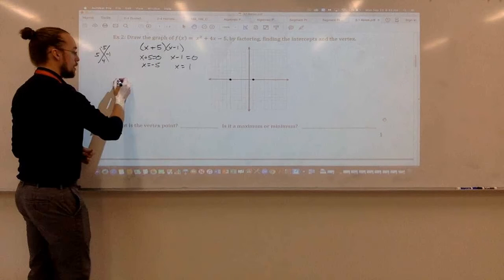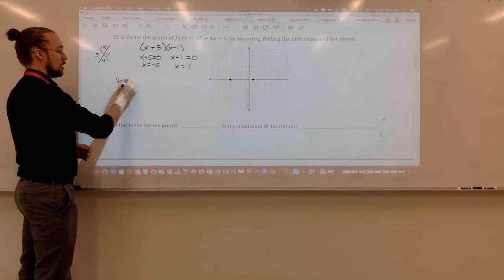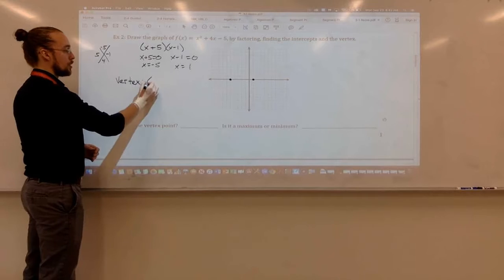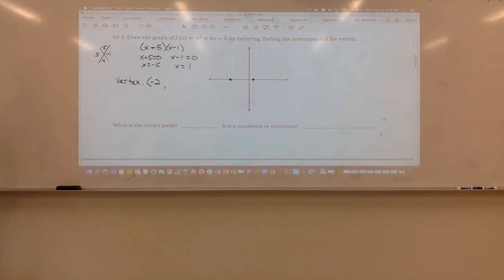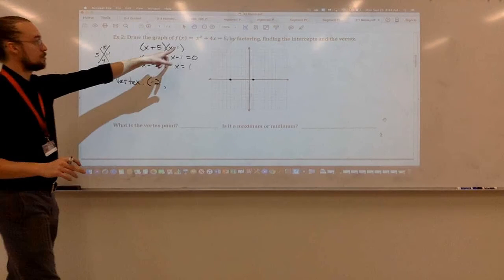So I know that the x-coordinate of my vertex is going to be -2. How would I find the y-coordinate then? What would be the easiest way to find the y-coordinate if I know the x-coordinate? You just plug it in. Just plug it into my equation.